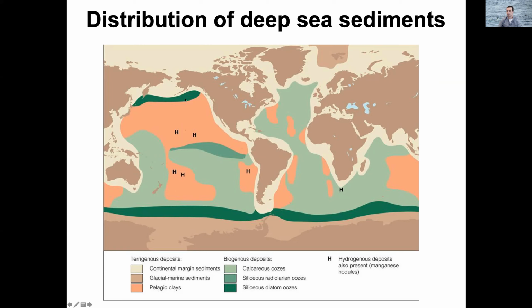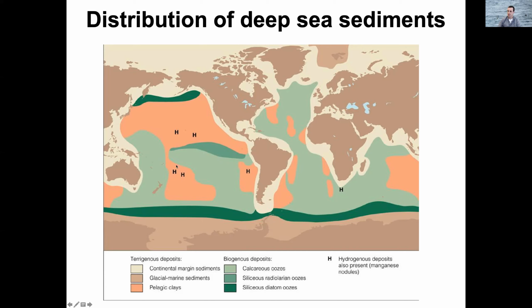So we get large diatom blooms in the North Pacific and all along in the Southern Ocean. And there, in those sediments, you have primarily siliceous material, not calcium carbonate. We also get some radiolarian oozes in the equatorial Pacific as well.